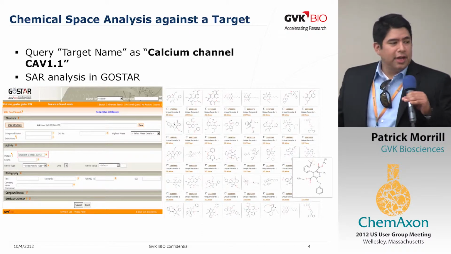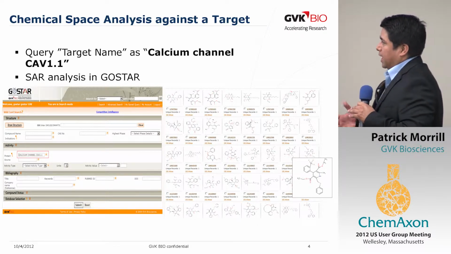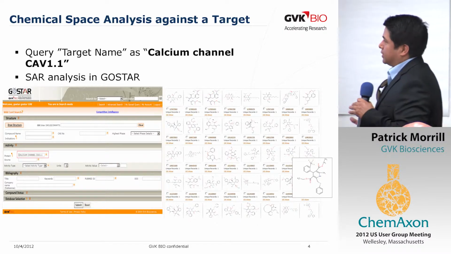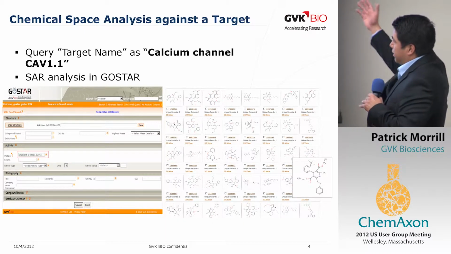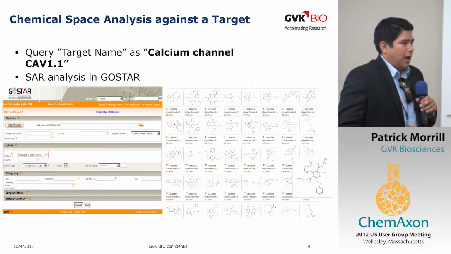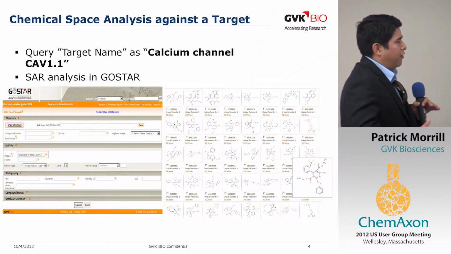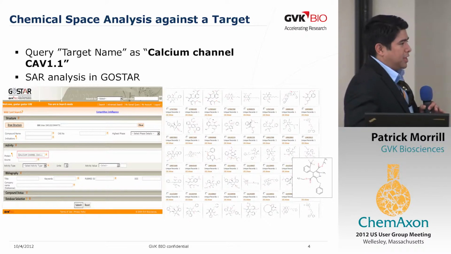Filling that into the target analysis field, what do we bring back? We bring back a subset of results, and utilizing the built-in SAR analysis tools within the GOSTAR database, I'm able to hone in on the unique, novel, and most active compounds.